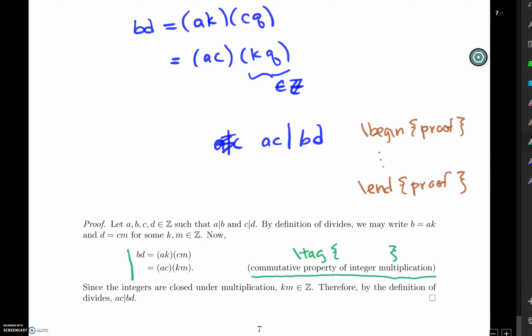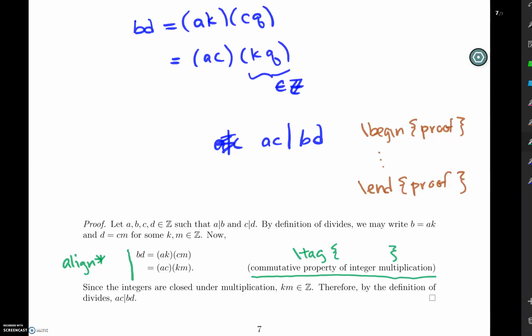So this was done using the align star environment. Since the integers are closed under multiplication, we know that KM is an integer. Therefore, by the definition of divides, AC divides BD, and we're done. And the proof environment automatically puts a box at the end of your proof.